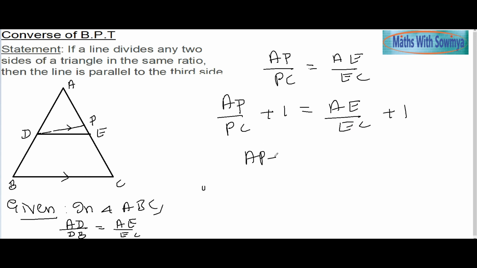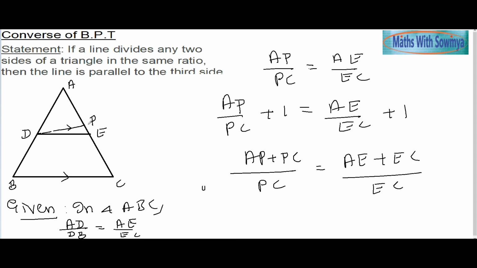This will give me AP plus PC by PC, taking an LCM, AE plus EC by EC. What is AP plus PC? Which is nothing but AC. So AC by PC, and AE plus EC, again AC by EC.